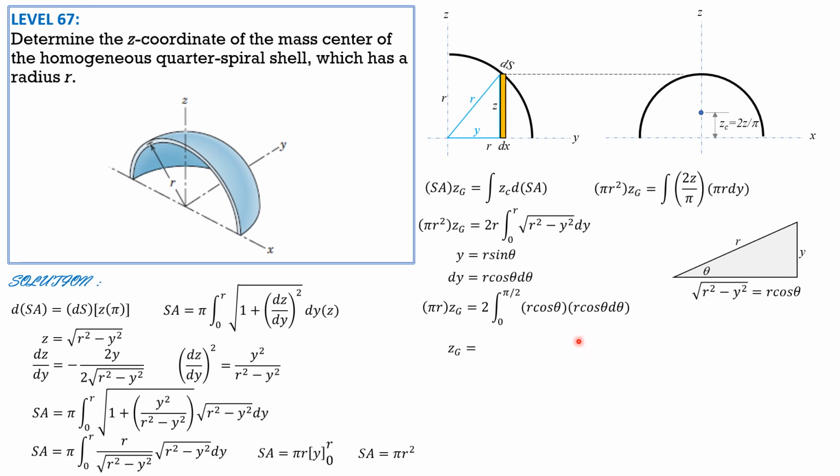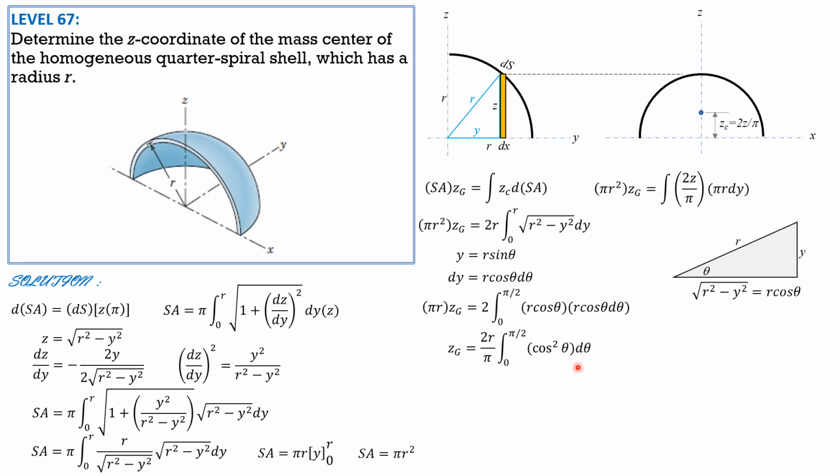So g sub z therefore is 2r over pi, because we also cancel 1 r, integral from 0 to pi over 2 of cosine square theta d theta. We can evaluate this by Wallis formula. N minus 1, so 1, stop.